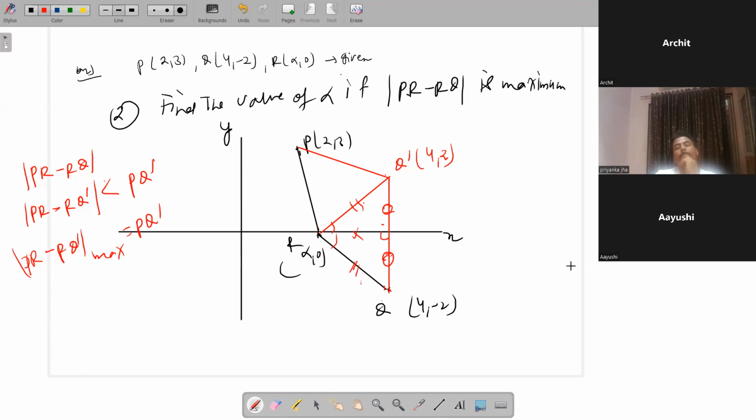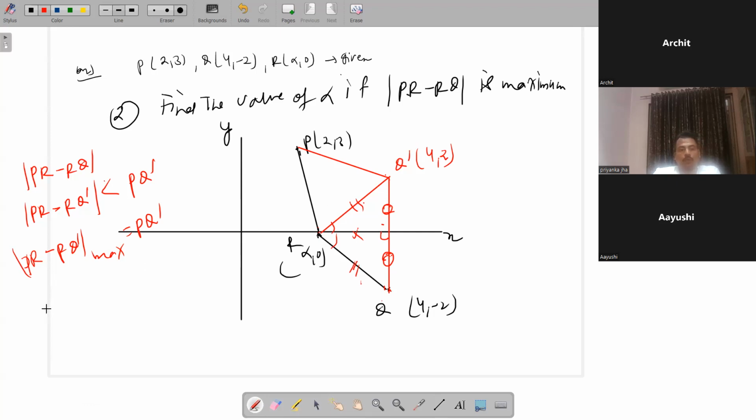You have to find alpha, right? Now see, to find alpha, no, don't take the mirror image. Now see one thing.